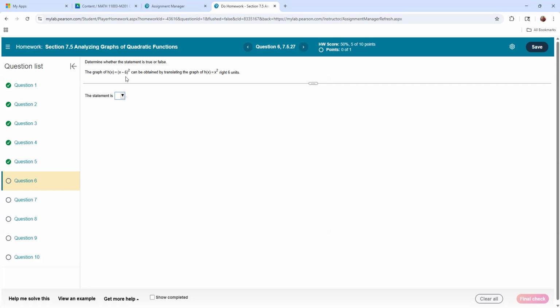So y'all, you remember when we were doing the horizontal transformations, if you subtracted from the x, you went right. If you were adding to the x, you would go left. Well, they're subtracting 6, and they said that would go right 6 units. So that is definitely, Jaya, going to be true.